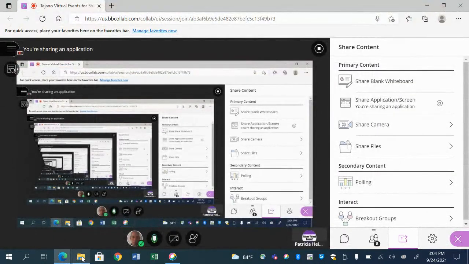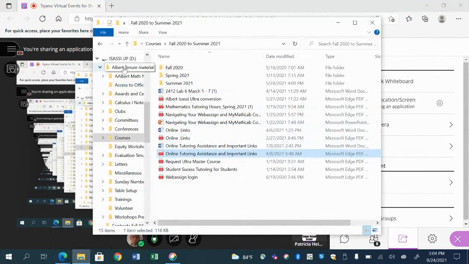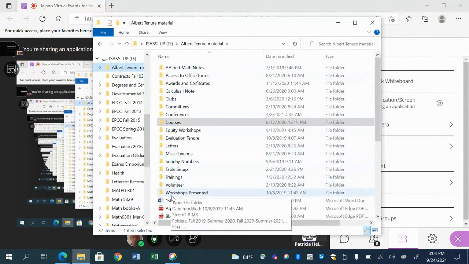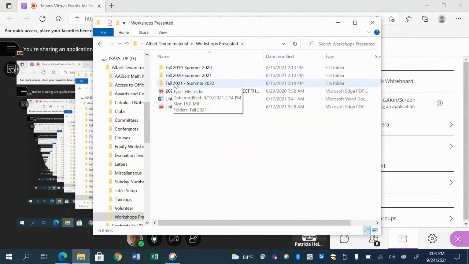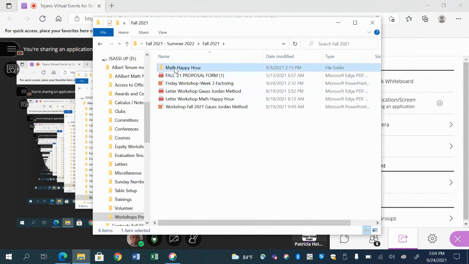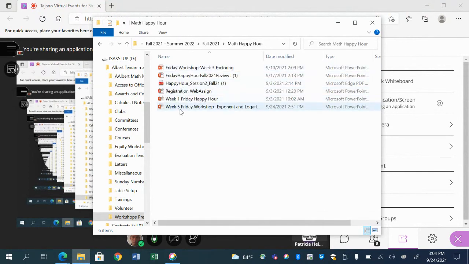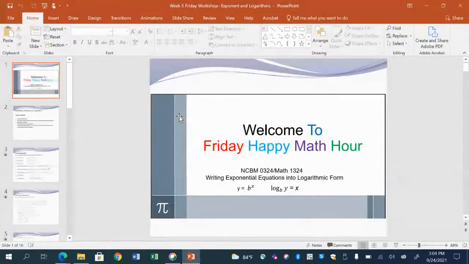Let me go get it. Sorry about the mix-up. Let me see if it's this one here. There we go. There we go, guys. And sorry about the mix-up. Slideshow.